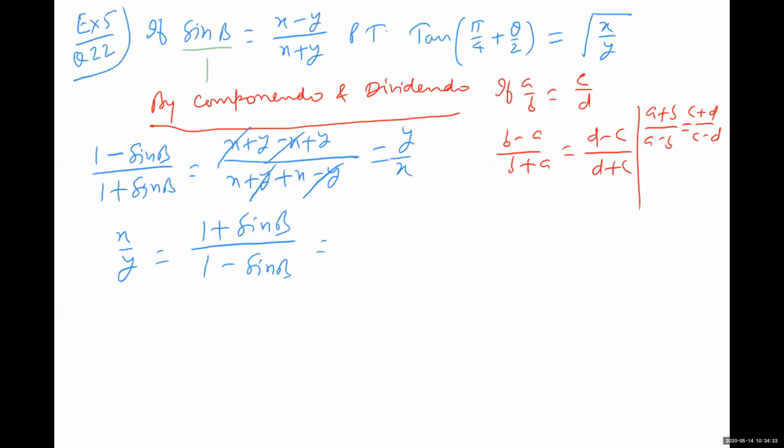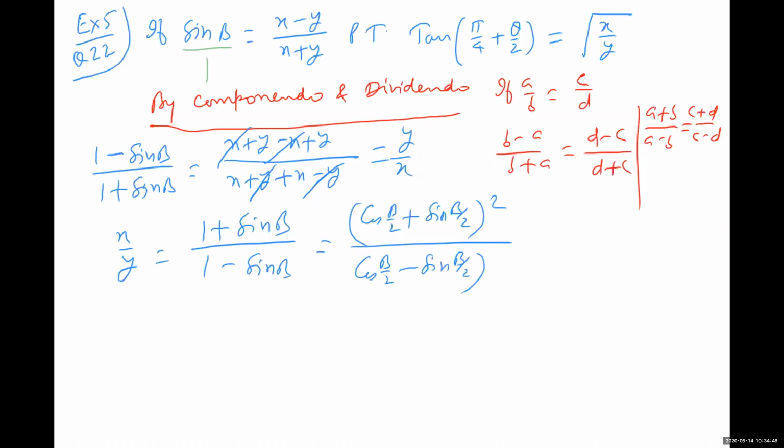And if you know, this is nothing but cos b by 2 plus sin b by 2 whole square upon cos b by 2 minus sin b by 2 whole square.